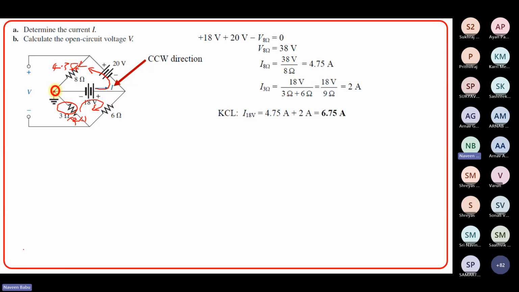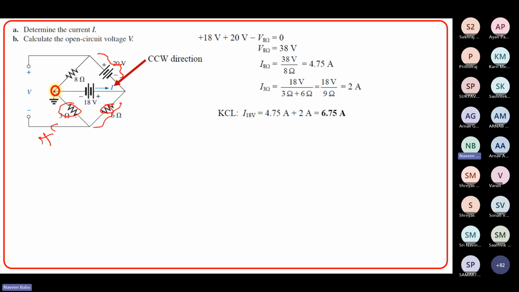Yeah, you're being asked about open circuit voltage also. Now, open circuit voltage is straightforward. It must be 20 volts plus this particular drop. You know what this current is, right? It is 2 ampere. Whatever current flows through this will also flow through this, because this end is open, so no current will flow through this.